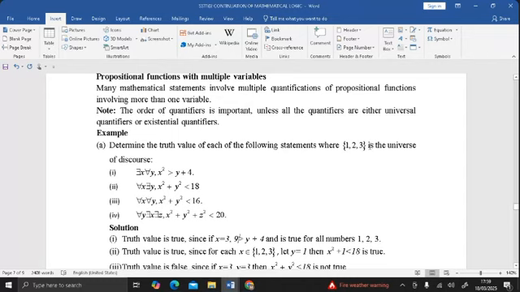This one is wrong. Suppose we talk of 3. X is equal to 3. Then 3 squared is 9. And it is greater than, suppose you pick y to be equal to 1. If y is equal to 1, then 9 is greater than 5. And that is correct. So there exists an element in this set.